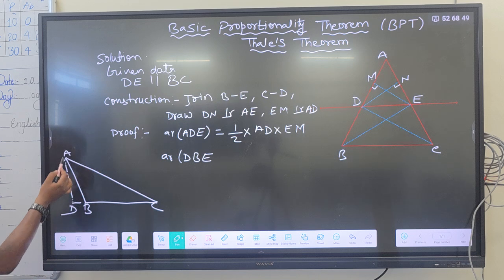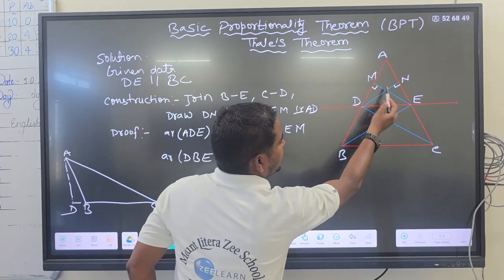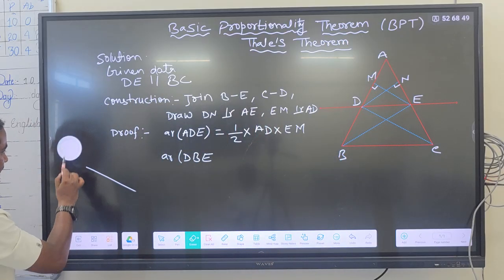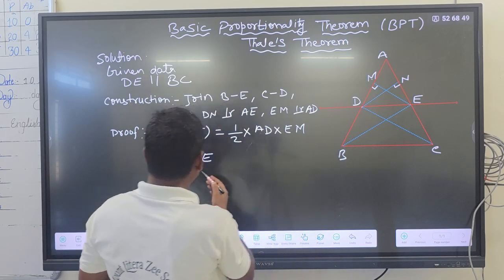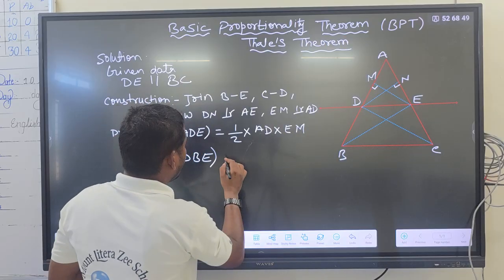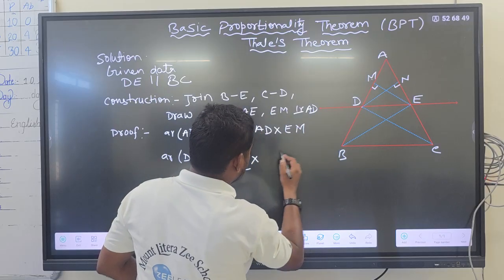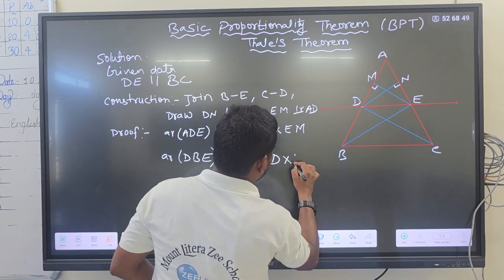Similarly, triangle ABC, its height will be AD, which is outside the triangle. Here also the height is outside the triangle. I hope you understand. Okay. So when you calculate the area of triangle DBE, you will get half into base, where the base is BD and the height is EM again.